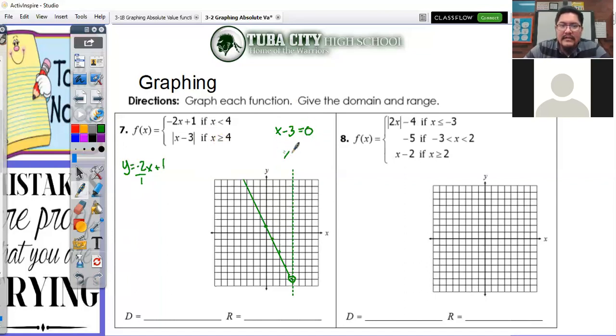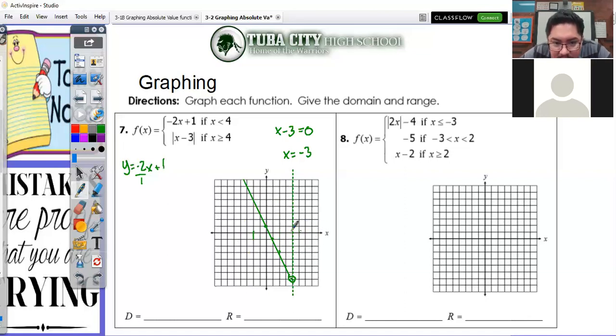So in this case, it'd be x equals 3, which would be over here. Now, we don't need to pick values that are going down, because anything on this side of the line, we don't even need to graph it. So one thing we could do is skip that and go straight to using these x values.